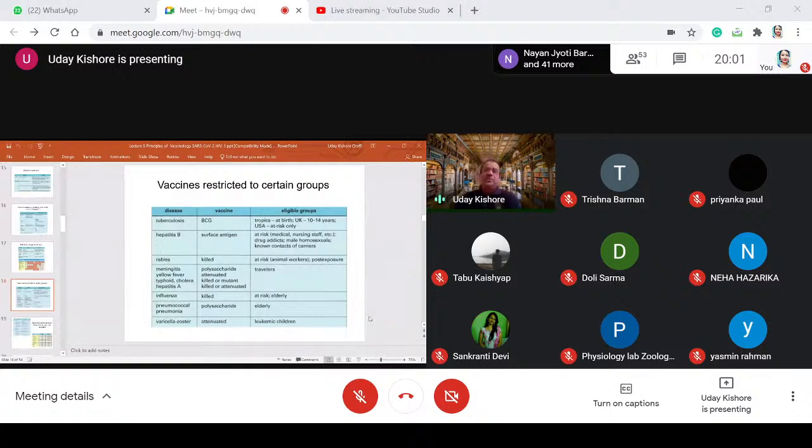Vaccines are also not given to everybody, and they fall under a restricted group of vaccines. For example, tuberculosis. BCG is given only to people in tropical countries. So, for example, in the UK, every citizen doesn't have to get the BCG vaccine unless they decide to travel to other countries which are endemic.